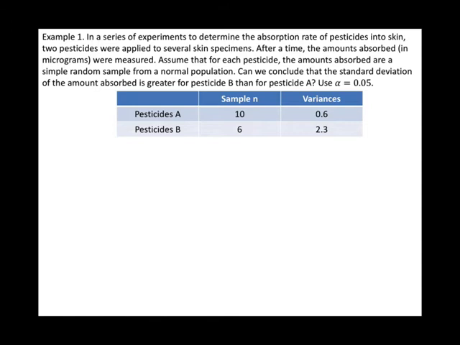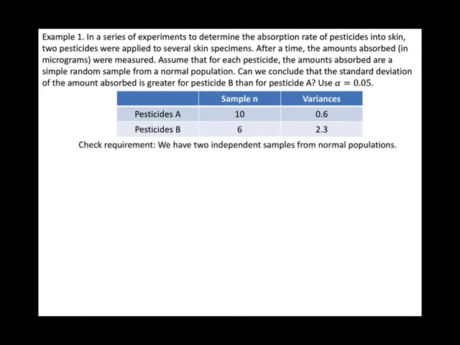Can we conclude that the standard deviation of the amount absorbed is greater for pesticide B than for pesticide A? Use a significance level of 0.05. In this chart, they give the sample size and the sample variance.